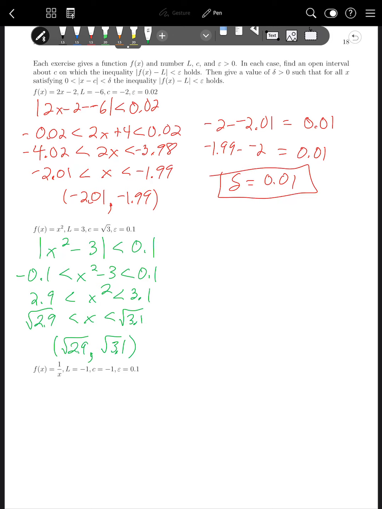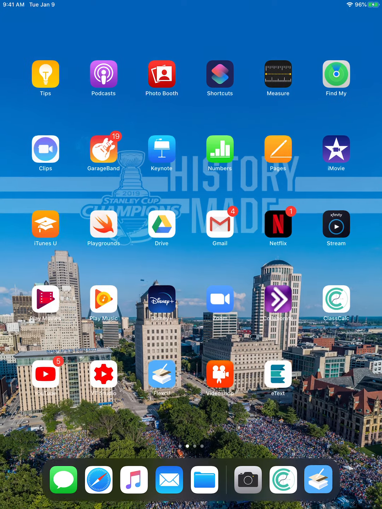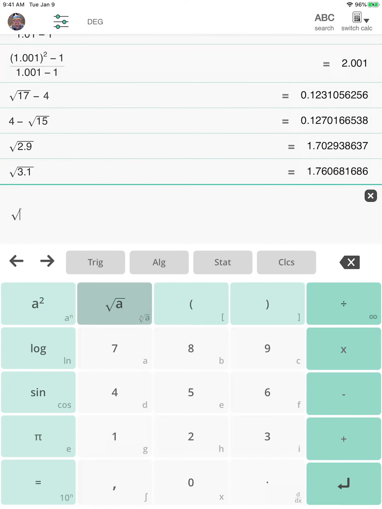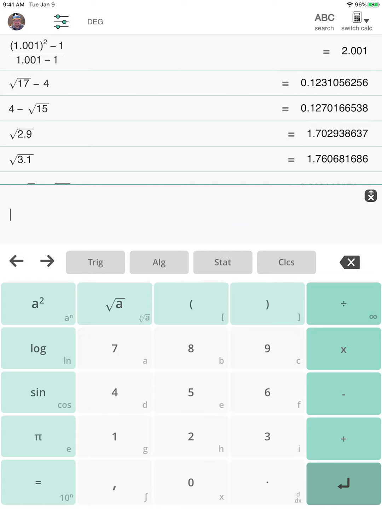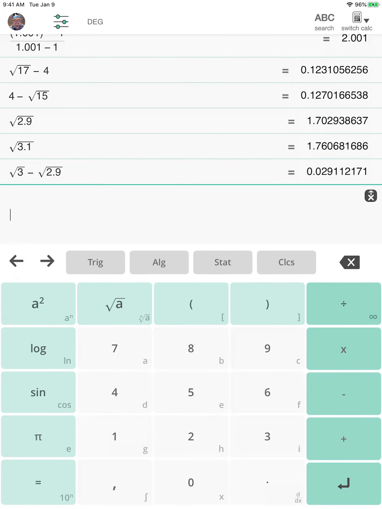And then to find delta, we just take the square root of 3 minus the square root of 2.9 and the square root of 3.1 minus the square root of 3 and see which one is smaller. So there we can use the calculator. The square root of 3 minus the square root of 2.9 is 0.0291.